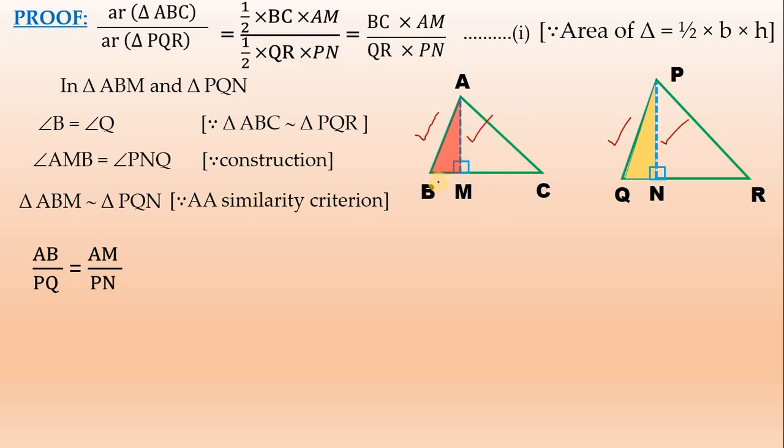I am neglecting DM and QN. If you want, you can take them, but they are no help. Hence, I neglected them. I have taken AB by PQ is equal to AM by PN, and this you write as equation number 2. The reason is simple. As I said, sides of similar triangles are proportional.